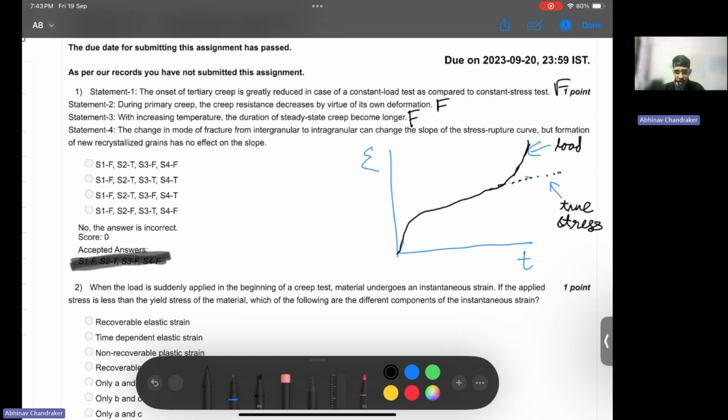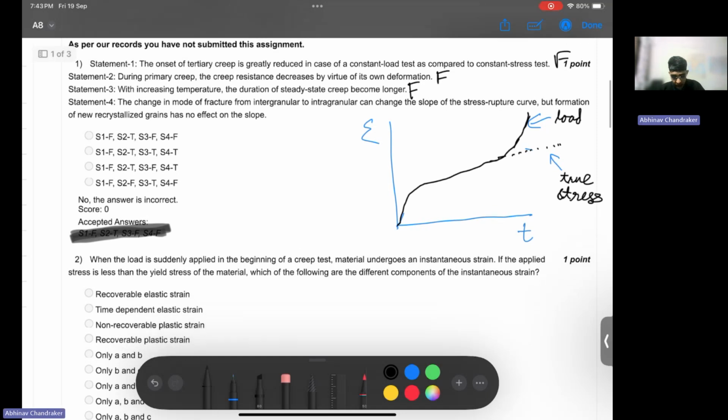The change in mode of fracture from intergranular to intragranular can change the slope of the stress rupture curve, but formation of new recrystallized grains has no effect on the slope. No, any change in your microstructure or the properties of the microstructure will lead to a change in your mechanism, and so that will change the slope.